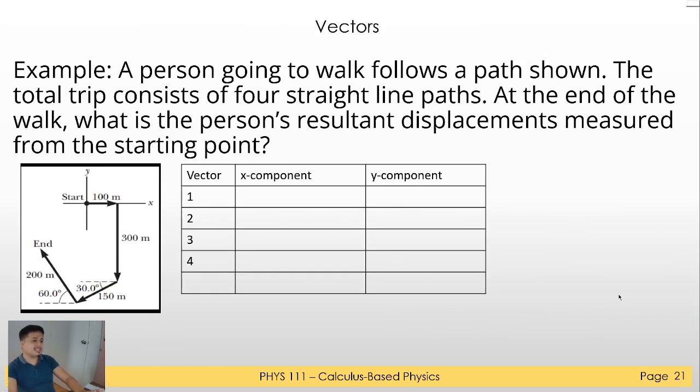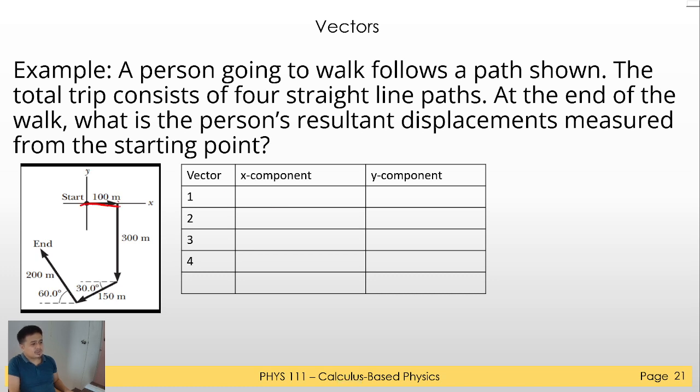Okay, so let's try this again. We have another scenario here. Instead of just two vectors, we could add more than two. So let's tabulate what we could compute here. Let's start with the first vector. What is the x component of this vector?